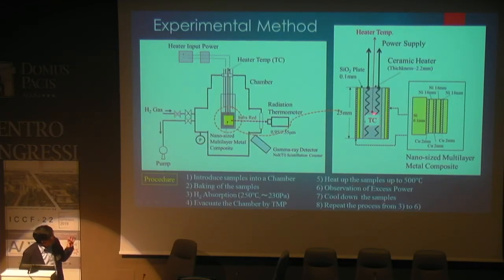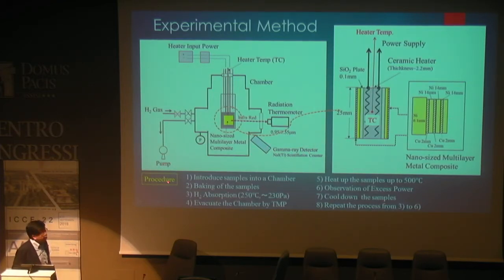To estimate the temperature, we have some copper incorporated in the ceramic heater. And also, we measure the surface temperature by infrared radiation thermometer like this. And we also measure the gamma ray emission using this NaI scintillation detector, mainly for safety reasons. We did not see any increase of gamma rays during the experiment.